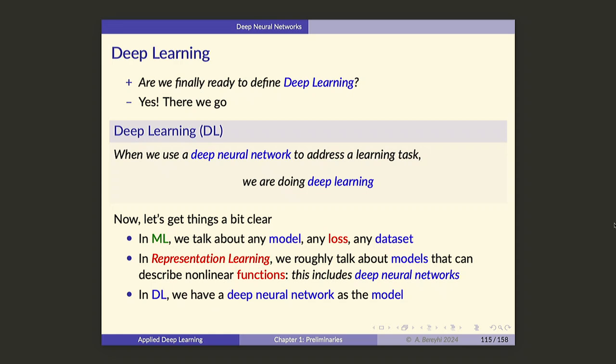And then at some point people were thinking maybe we should think general, like in representation learning, but then it turned out that deep neural networks are fine enough to do anything that you want, yeah? So the moral of the story, when we talk about deep learning, we are talking about a very small subset of representation learning. And that itself is, again, a subset of machine learning.